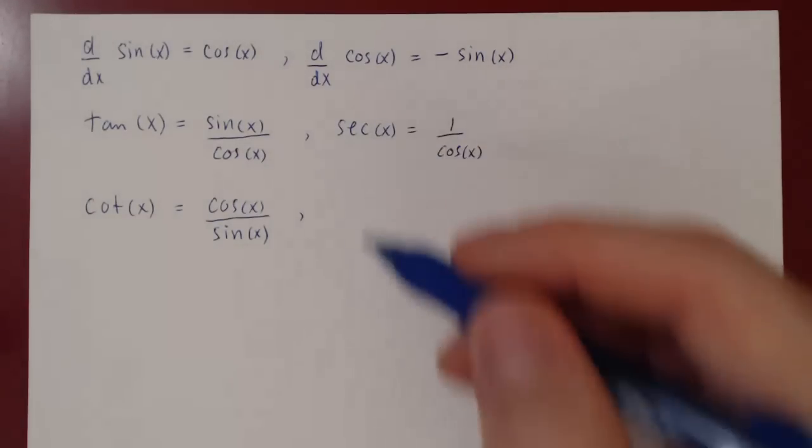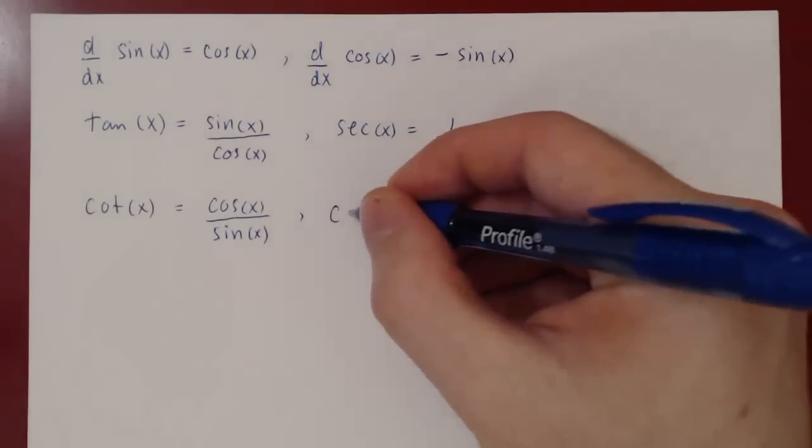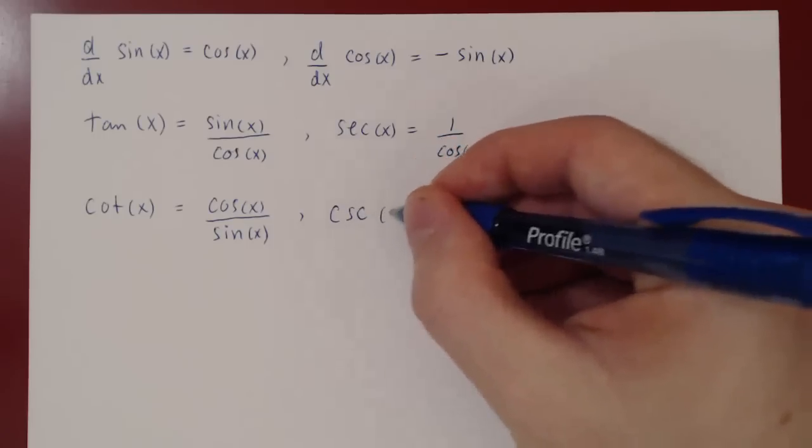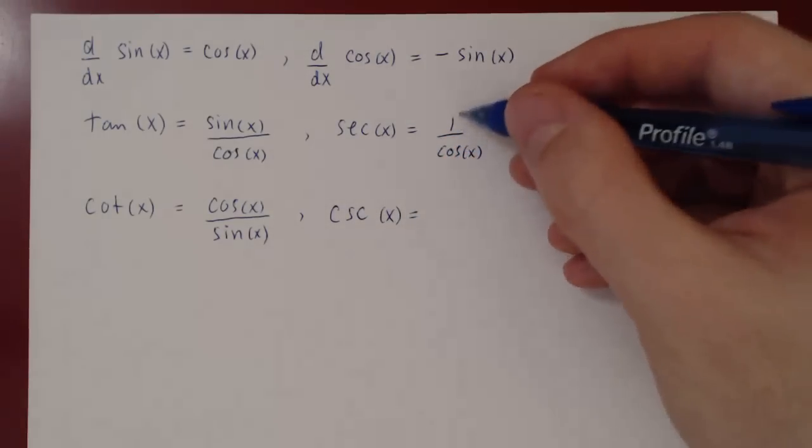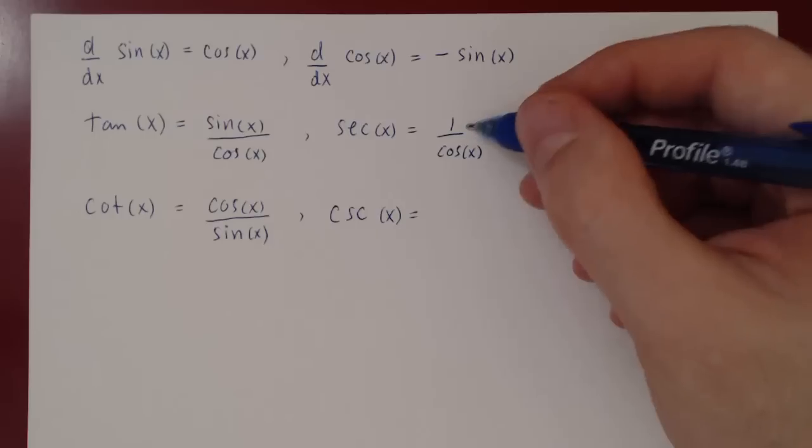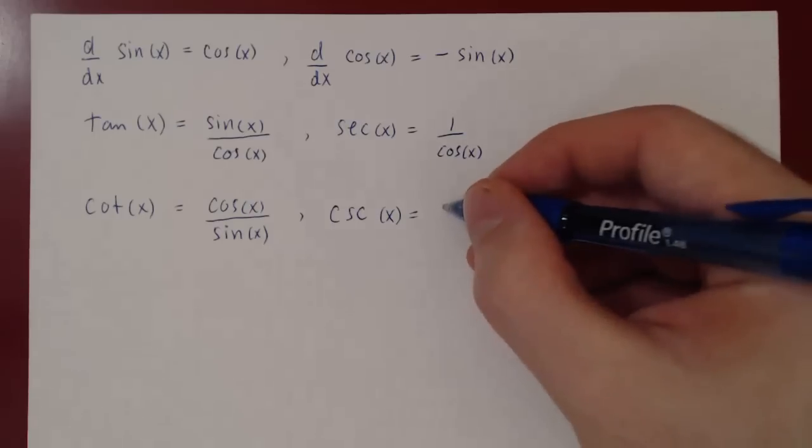And cosecant of x, which we write as CSC for cosecant of x. Secant is 1 over cos. Cosecant is 1 over sine of x.